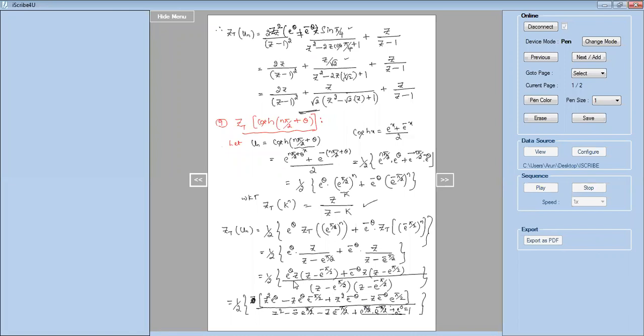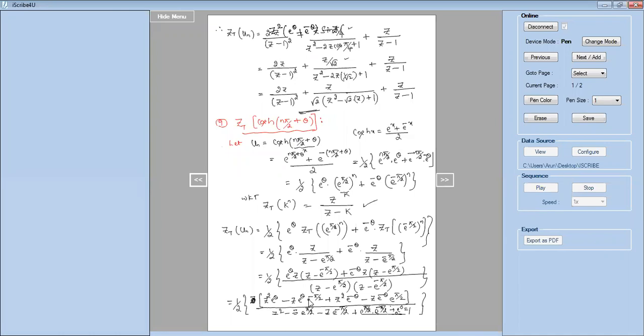Simplification once again: Z square e power theta plus Z e power minus theta. Yeah, this is minus Z common from this term and this term. So these two will be as it is.